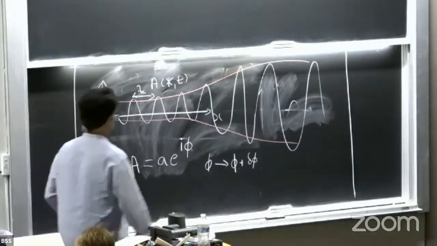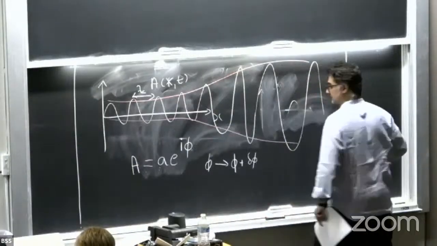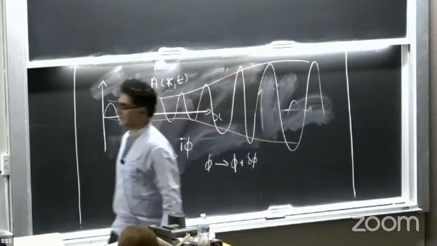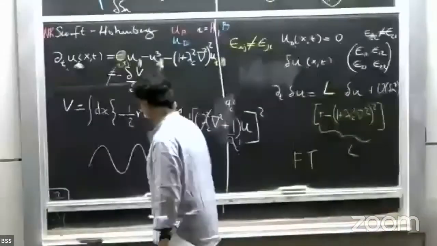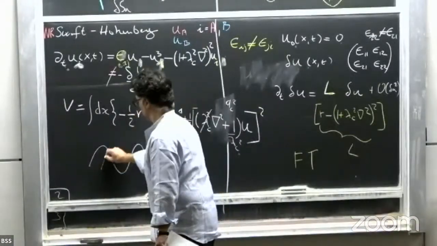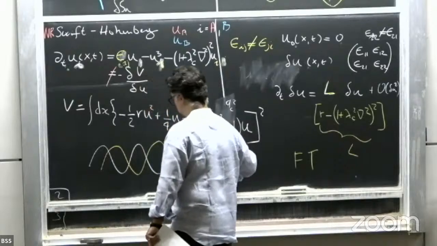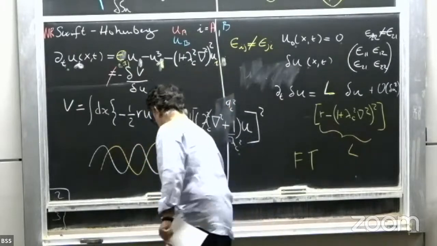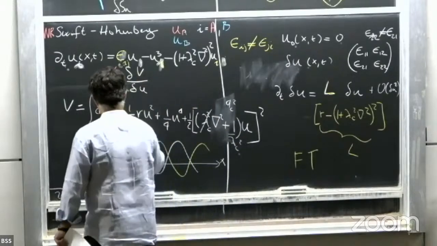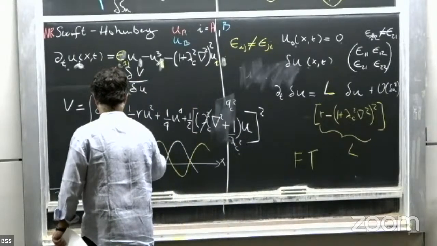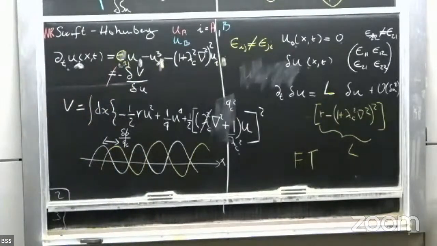If I have a pattern that is like this, and I apply the transformation, the new pattern will be like this. And this is the x-axis. And this shift is going to be delta phi divided by QC, or KC, whatever you want to call it.